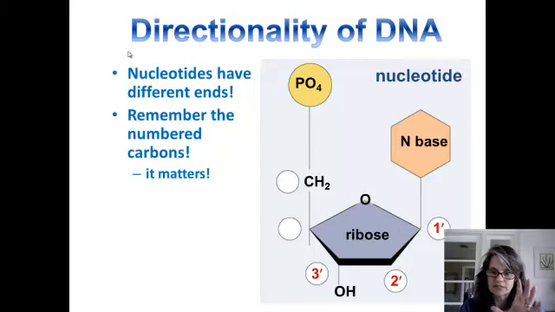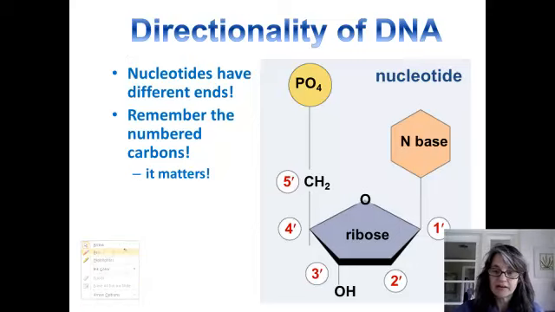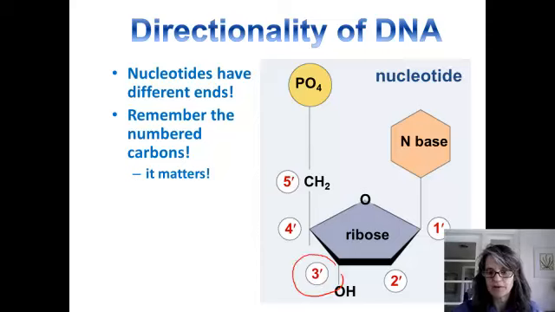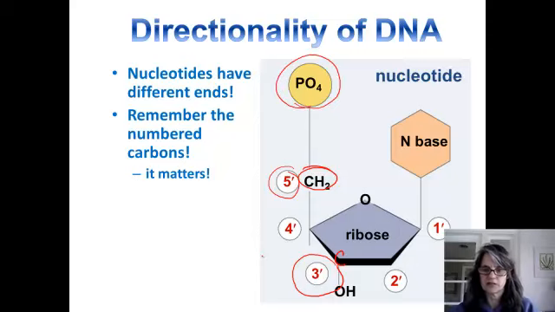The carbons are numbered in the sugar to help us organize and understand the molecule, and you need to remember that numbering scheme, and that the 3' carbon, which would be right here in the ring, and the 5' carbon, which is up here apart from the ring, are really important. And the 5' carbon is what the phosphate group is stuck to.